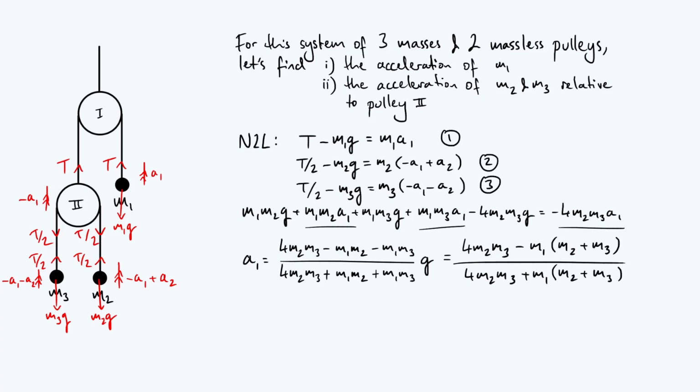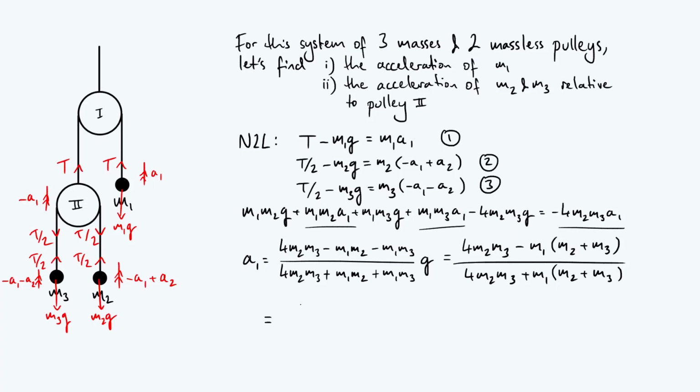So what I like about this is you can then divide the top and bottom by m2 plus m3. So this will just turn into m1, this will just turn into m1, and then you're going to have the quantity m2 m3 over m2 plus m3, which you might recognize as the reduced mass of m2 and m3.